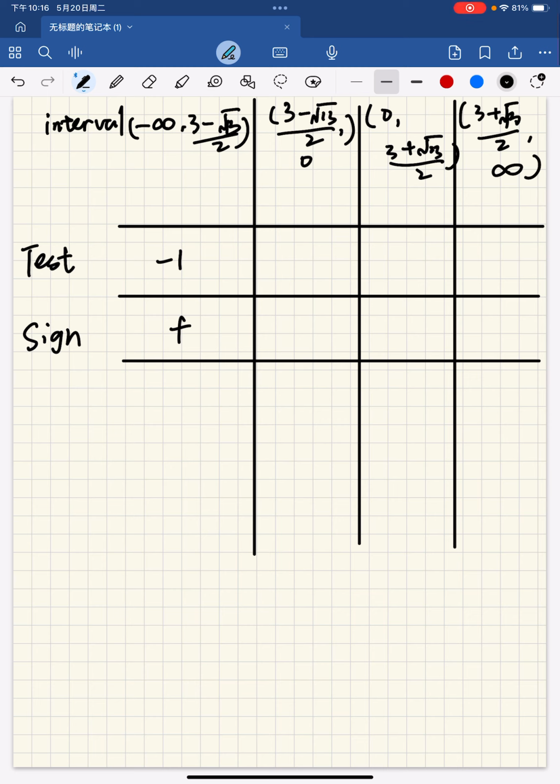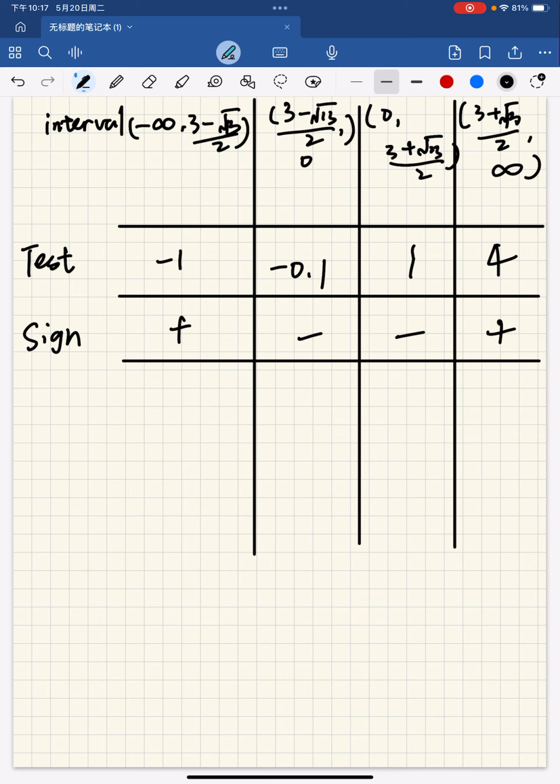On the second interval, we can plug in negative 0.1, and after calculation, the sign is negative. In the third part, we can plug in 1, and the sign will be negative. At the fourth part, we're going to plug in 4, and it's going to be positive.